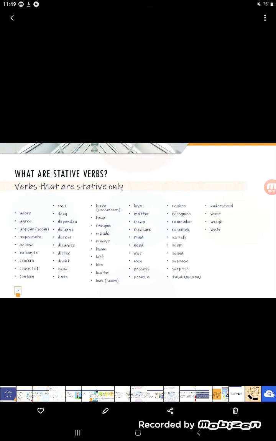And imagine, include, involve, know, lack, like, loathe. Loathe is again similar to detest, which is hate. Look, here not the physical action of looking, but how something looks to you, seems to you.